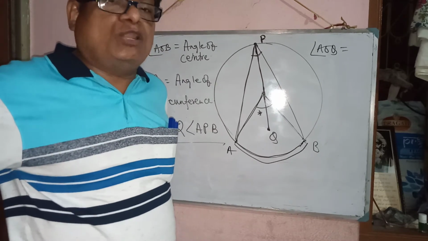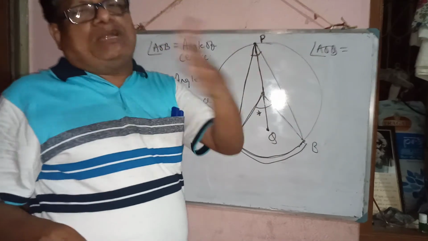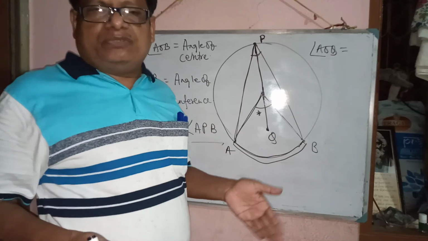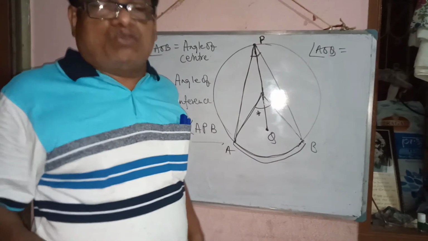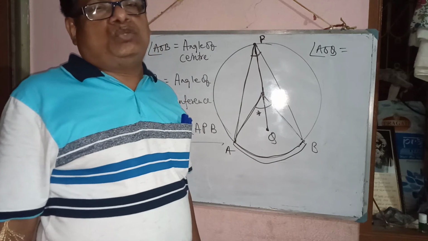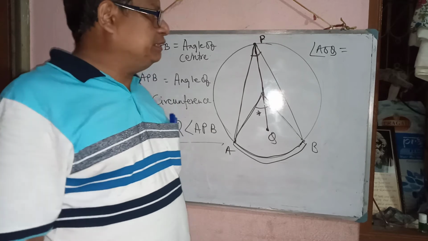All of you know, in a triangle, if we extend one side, then an exterior angle is formed. So the exterior angle equals the sum of the two opposite interior angles.